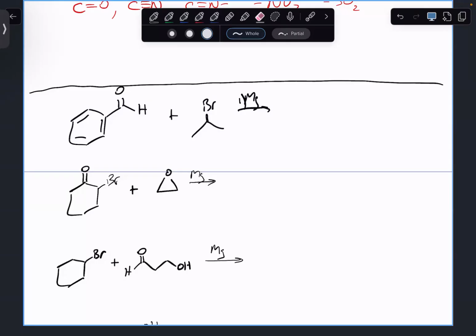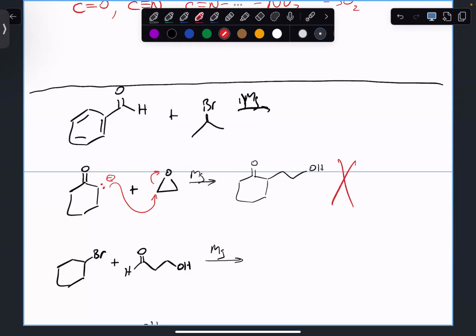Presumably what this person is trying to do is make the Grignard reagent here and have that go and attack the ethylene oxide, to make that as the product. What's the problem with doing that? By the way, this reaction will not work.